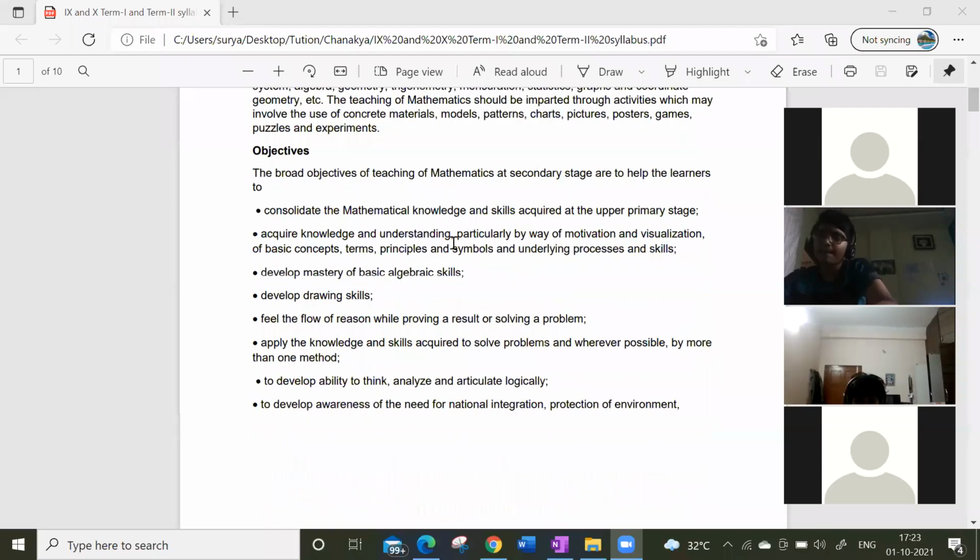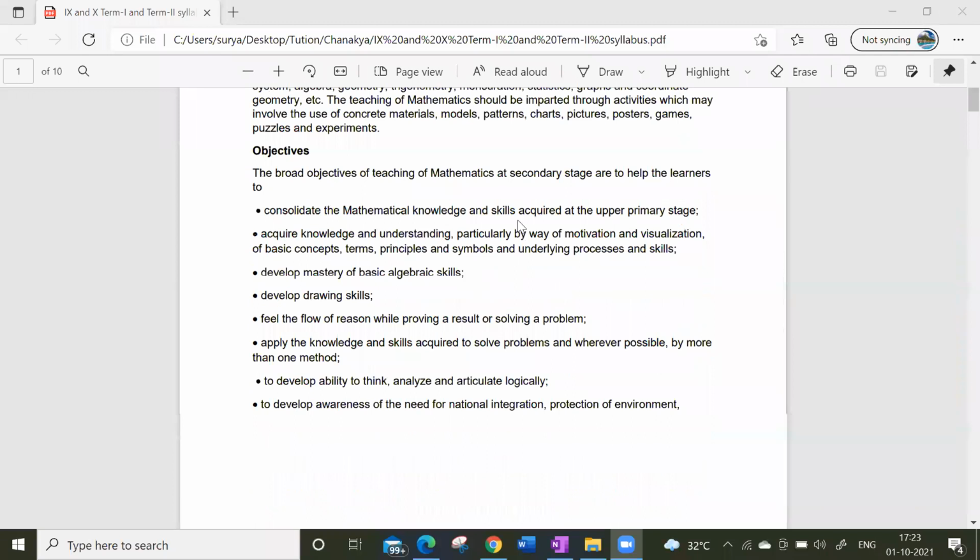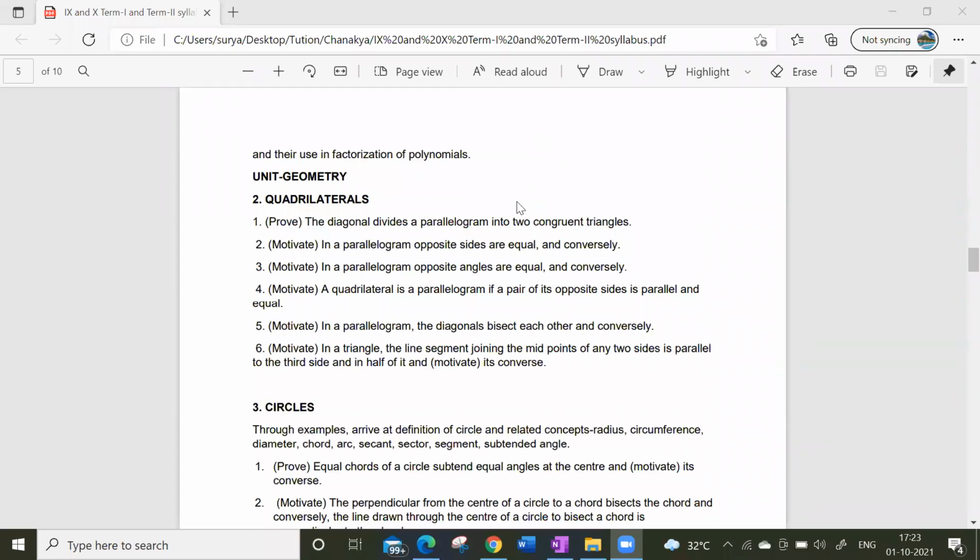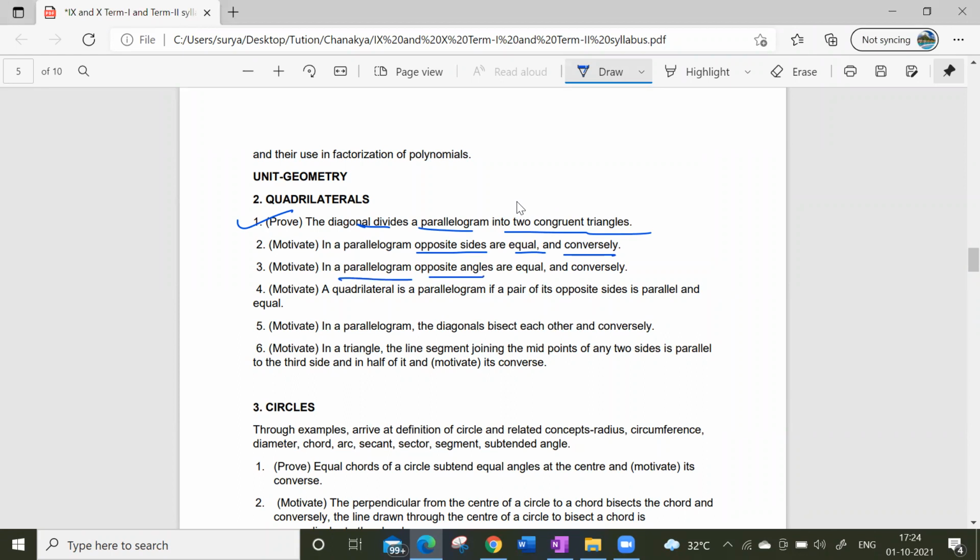Everyone look at the screen. Coming to quadrilaterals, a diagonal divides the parallelogram into two congruent triangles. This two we have done. In a parallelogram, opposite sides are equal and conversely. Opposite angles are equal and conversely.